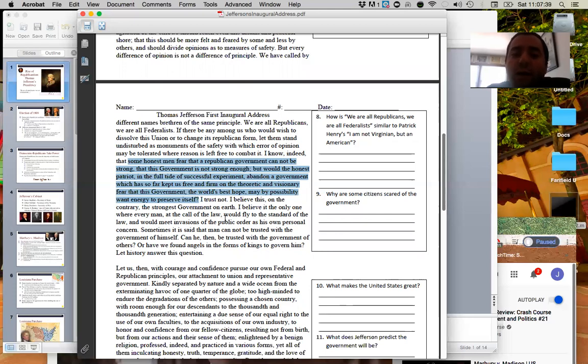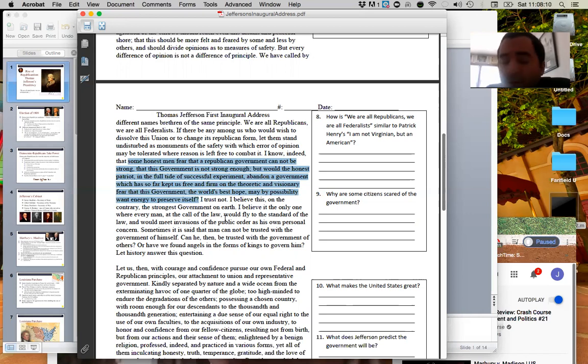But would the honest patriot, in the full tide of successful experiment, abandon a government which has so far kept us free and firm on the theoretic and visionary fear that this government, the world's best hope, may, by possibility, want energy to preserve itself?